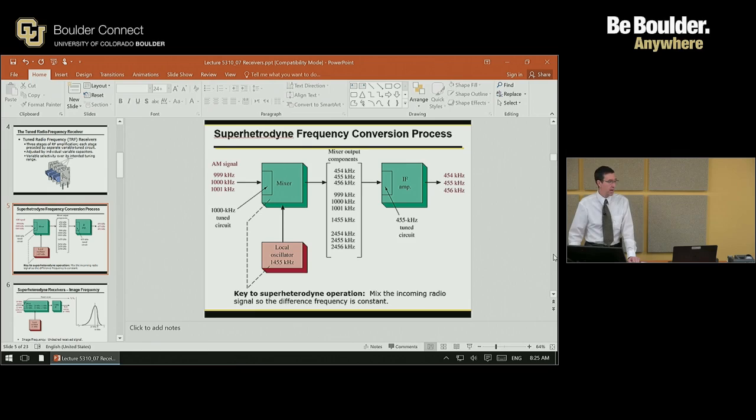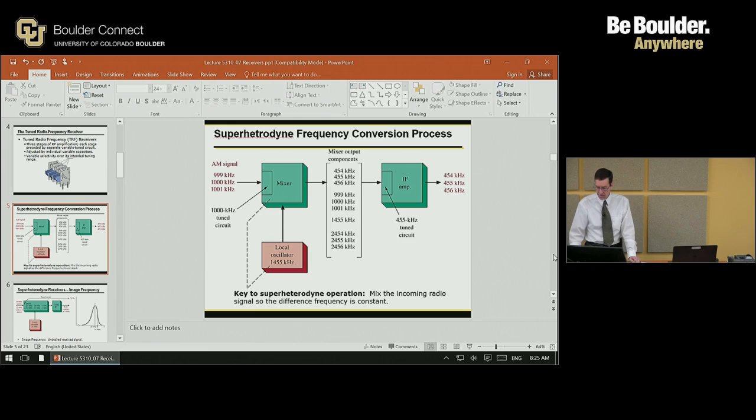But in reality, when I use that local oscillator, I get more than just the 455 out. I actually get 4 different signals out. I get a copy of the local oscillator at 1455. I get the original signal that comes through, which is the 1 kilohertz. Then I get the difference frequency, which is the 455 that I really want.